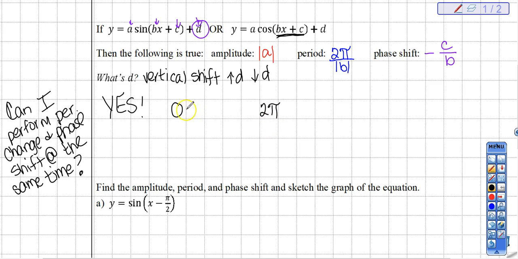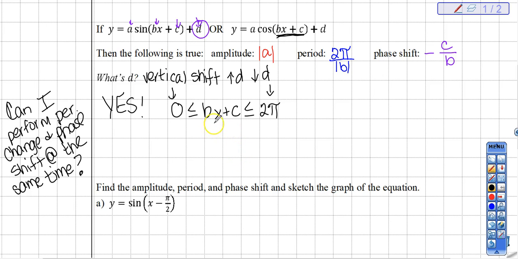Now what you do with those 2 values is we're going to create an inequality where this is our start and this is our stop of one full wave, and we'll set the quantity that's in our horizontal actions, our bx plus c, in between them. And what we'll do is we'll solve for x, and that will adjust our starting point and our stopping point of one full cycle. Do you understand?